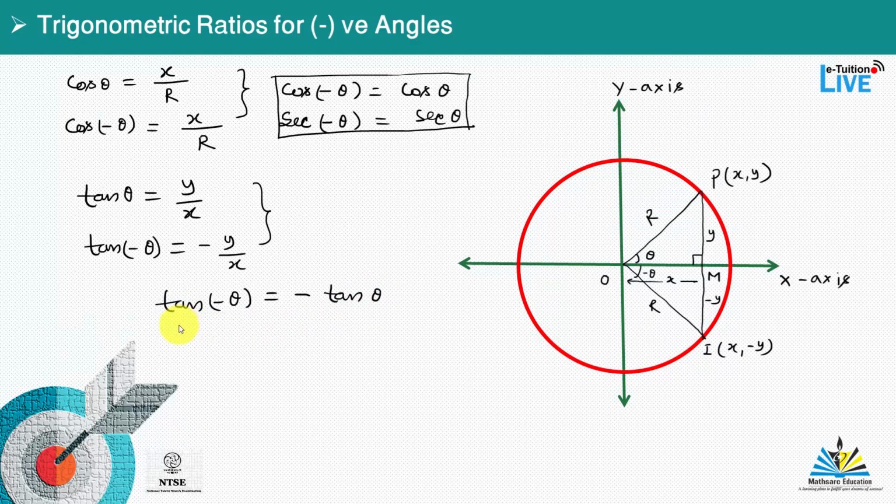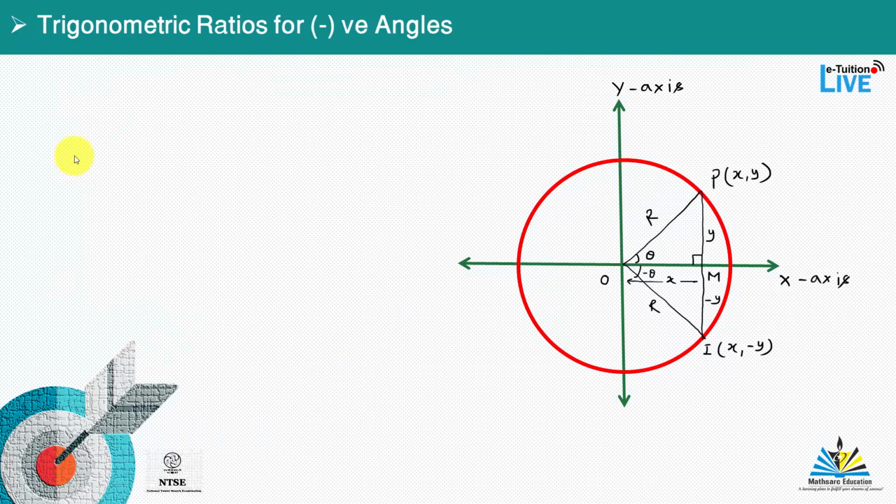In the same way, the reciprocal of tan is cot, hence cot of minus theta is equal to minus cot theta. So these are the other trigonometric ratios for negative angles. Let's summarize all the trigonometric ratios for negative angles. First one is sine of minus theta is equal to minus sine theta.